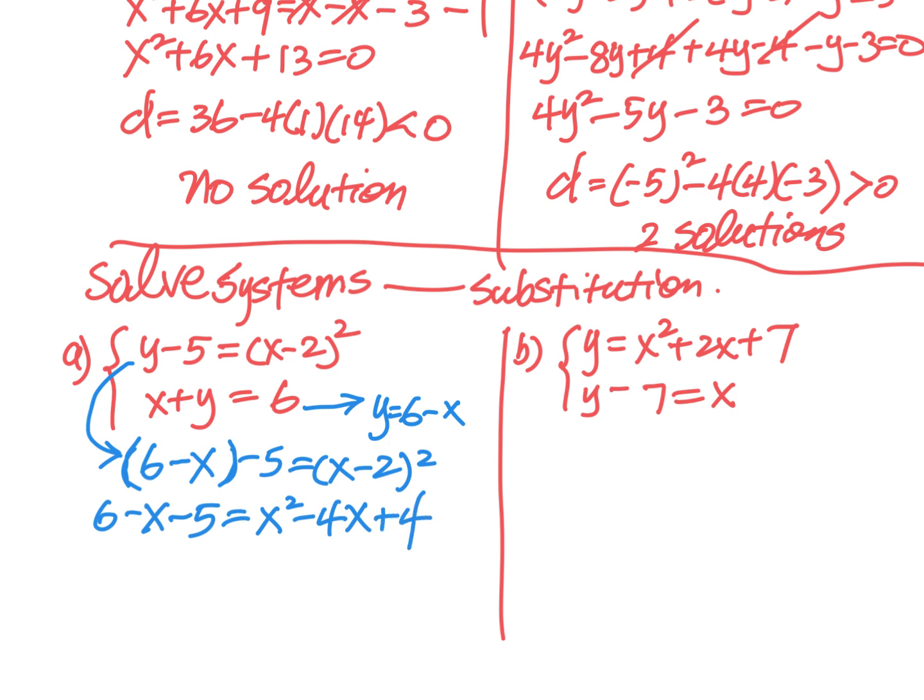Move everything to one side. x squared minus 3x plus 3. Did you guys all get this equation like this?